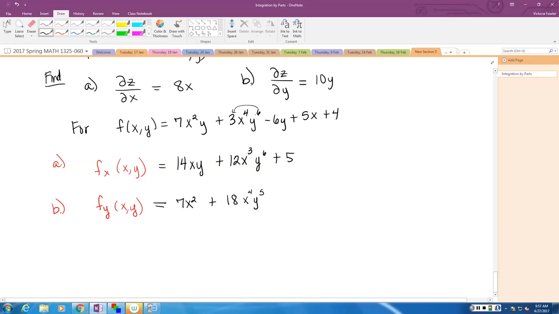Okay, so you took the derivative of y to the 6th, so you would make the 6 the coefficient, 6 times 3, 18, keep the x to the 4th because it's a constant, reduce that power by 1. Is that right? Okay, what about the next term? -6, anything else? Nope, we got it. Okay, good.